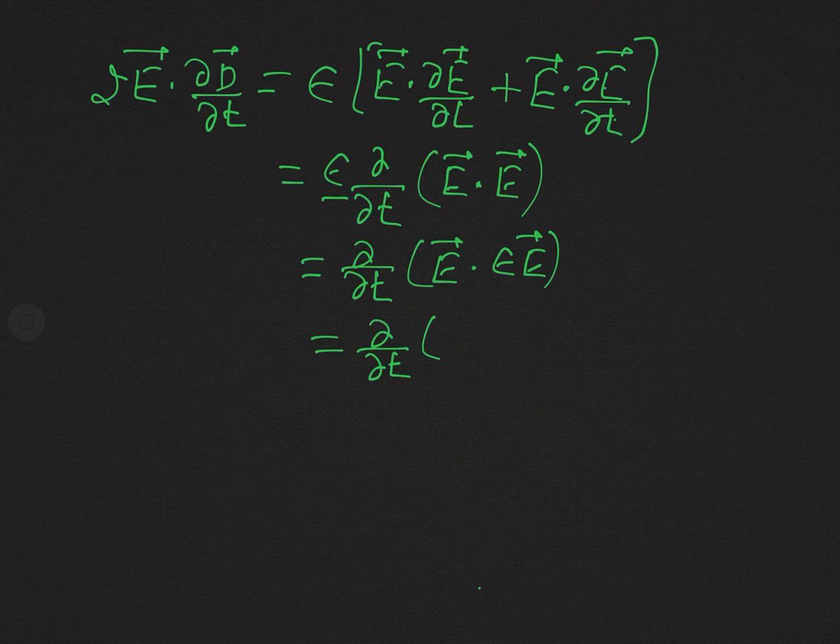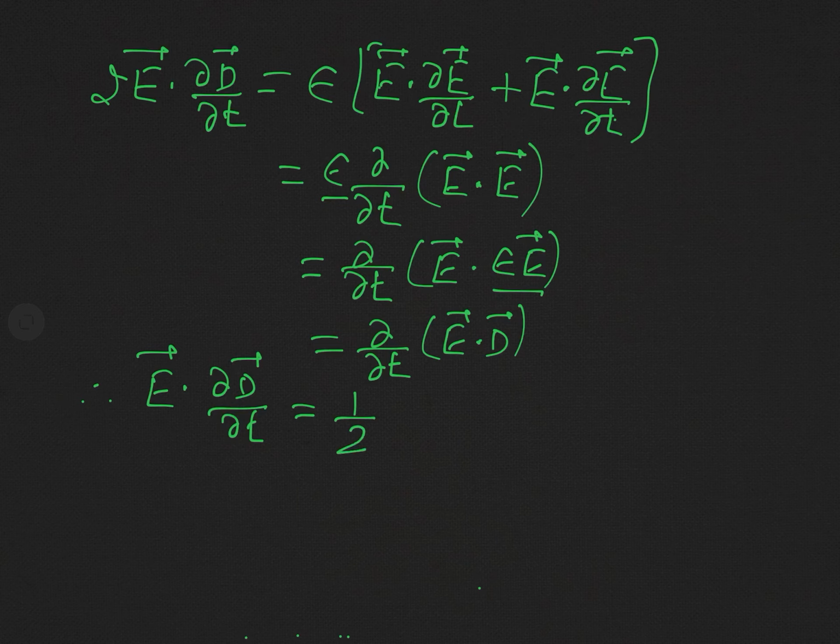This is actually equal to del by del T of E dot D, since epsilon E is equal to D. And therefore, you can see we can write E dot del D by del T is equal to, this factor 2 will be here in the denominator, so this will be 1 over 2 del by del T of E dot D. And this is 3A.